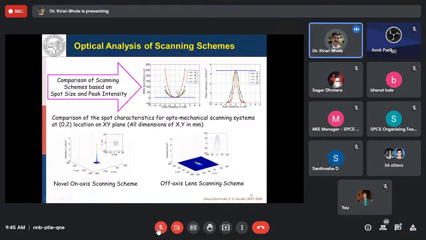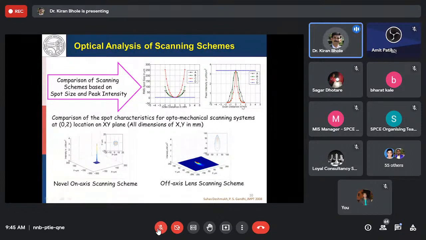But in the case of the on-axis scanning scheme, the spot size is almost constant, and the intensity is also almost constant. In all other cases, such as the pre-objective and post-objective scanning schemes, the intensity diminishes and is almost equal to 0 at a distance equal to 2 on either side.